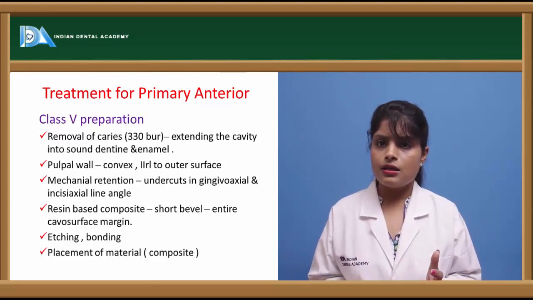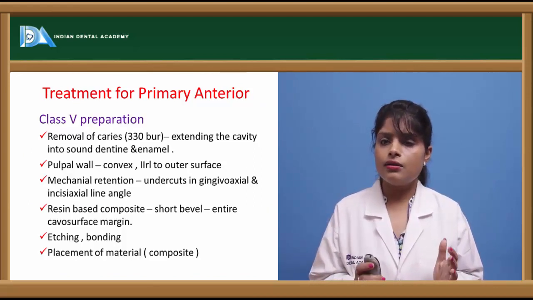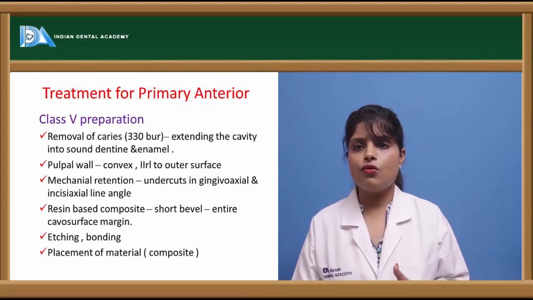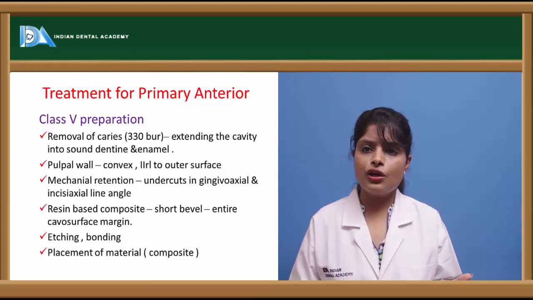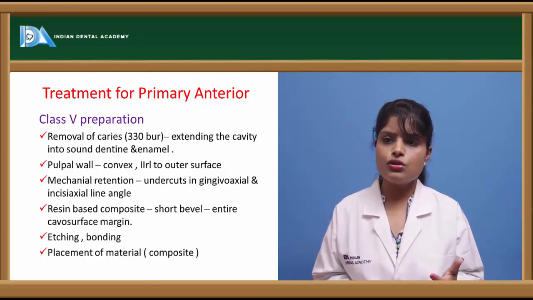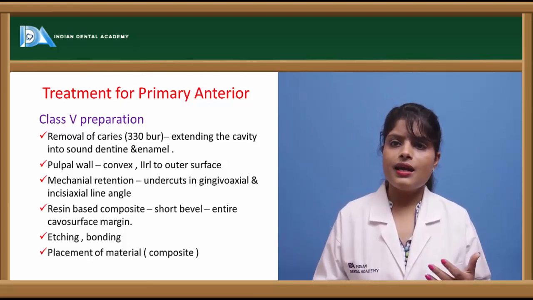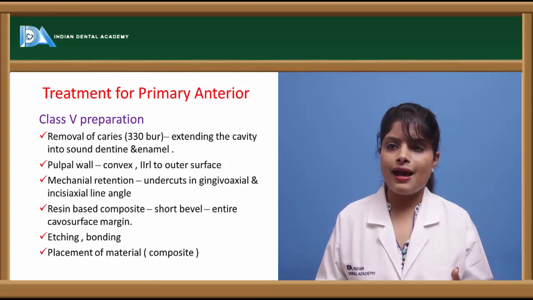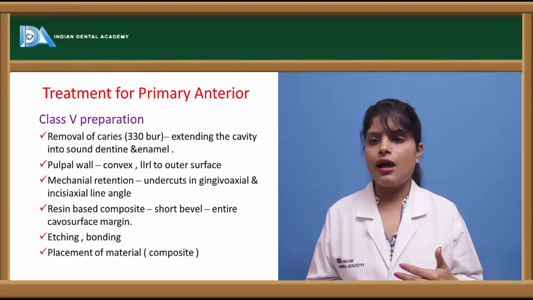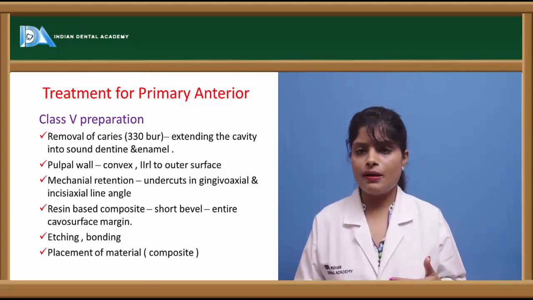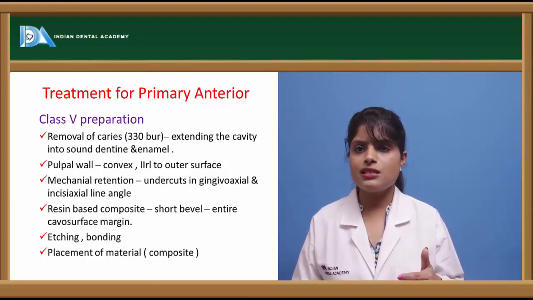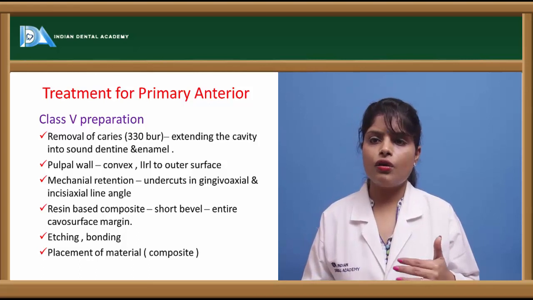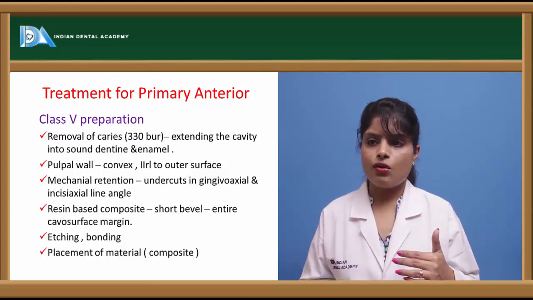In the case when the incisal edge or angle is involved, in class 5 preparations, a number 330 burr is used for undermining and removing all the undermined enamel. Then the dentine and the pulpal wall is generally prepared, which is convex because the pulpal shape is also convex. Shape and contour of the pulpal cavity is convex.